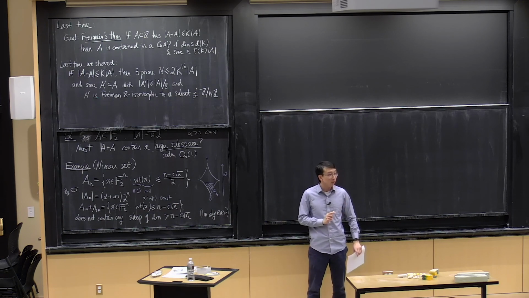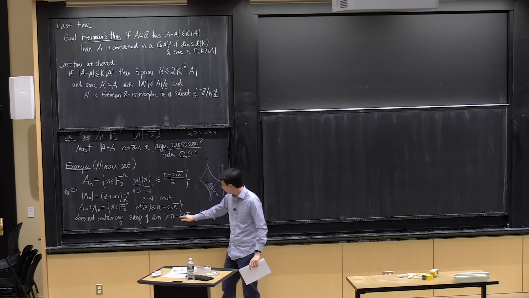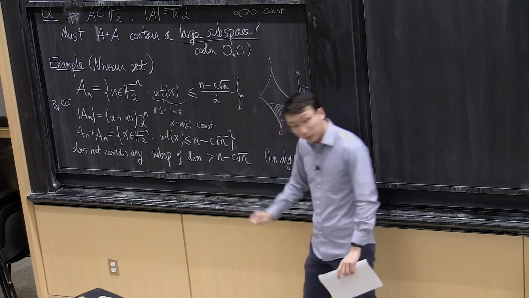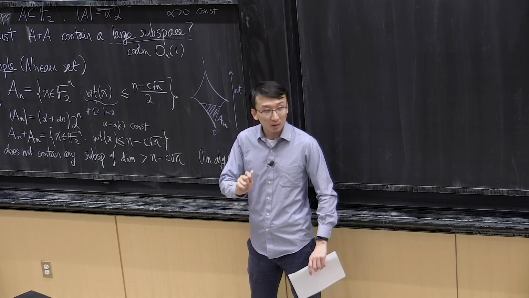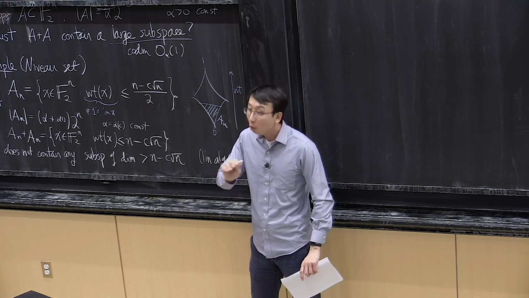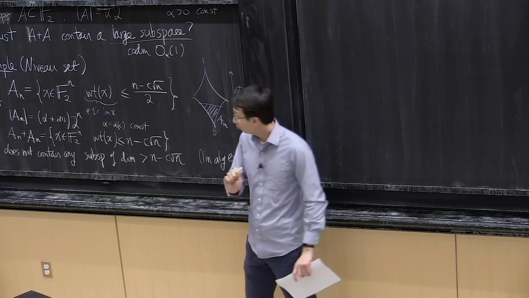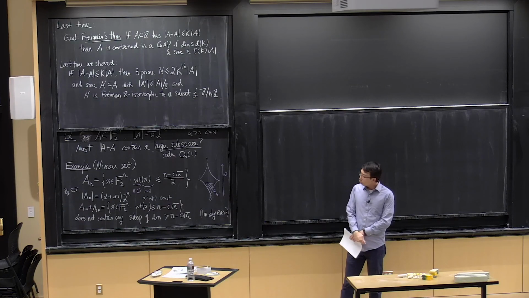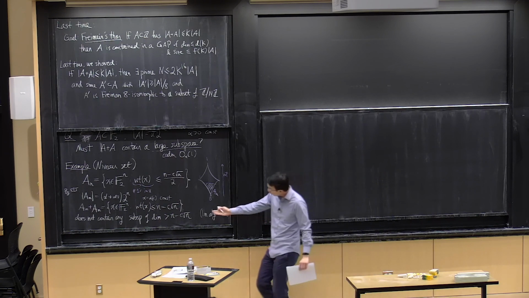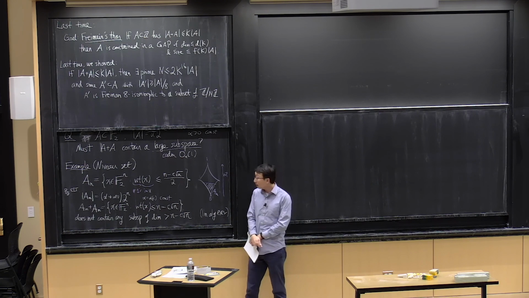So the polynomial method proof of cap set. If you have a subspace of dimension greater than some quantity, then you should be able to find a vector in that subspace whose support has size at least the dimension. Okay, so you see, in particular, we do not have any bounded codimensional subspaces in this A plus A.